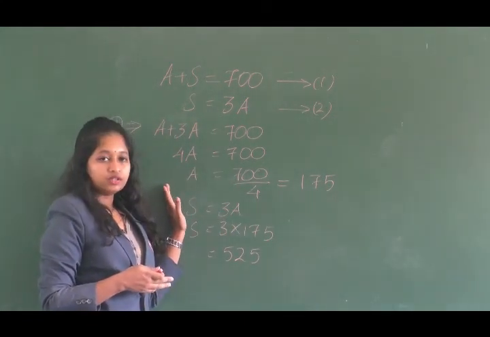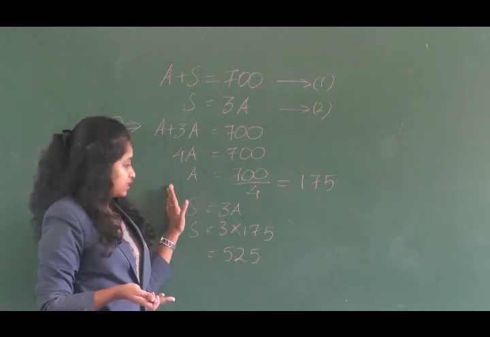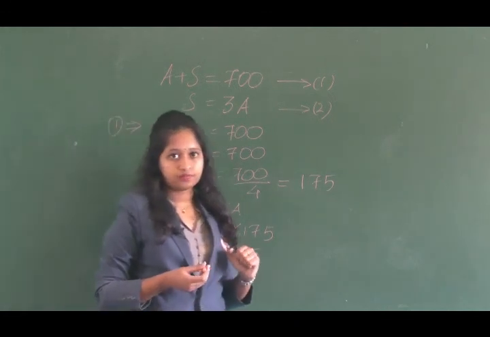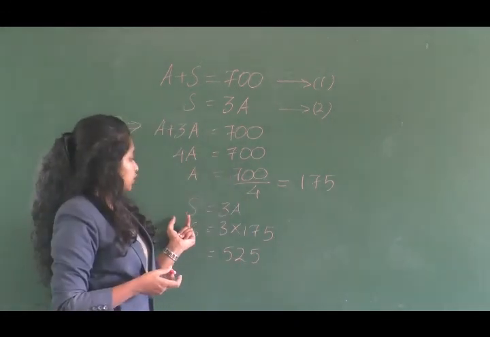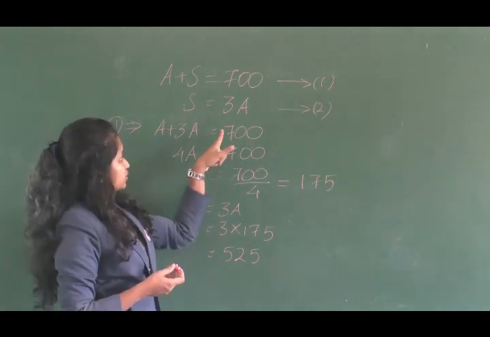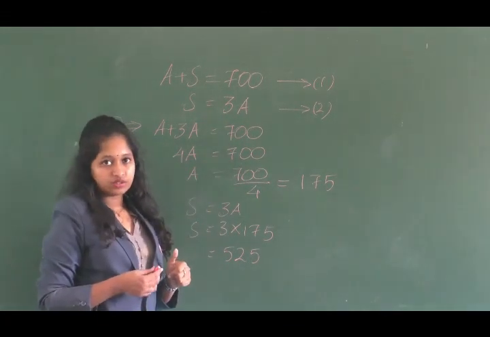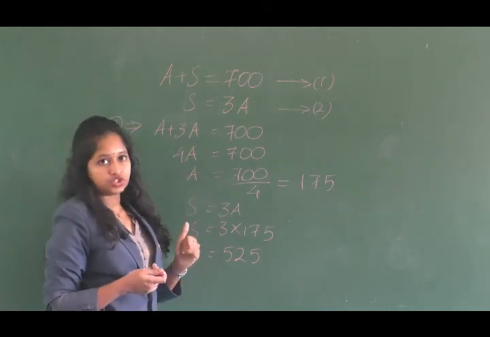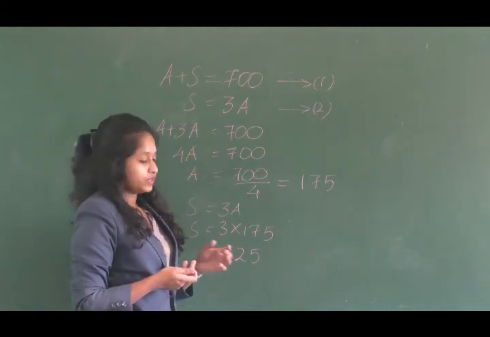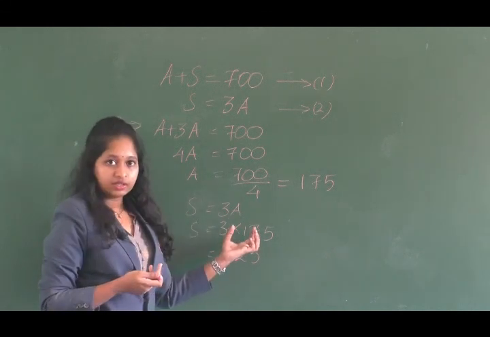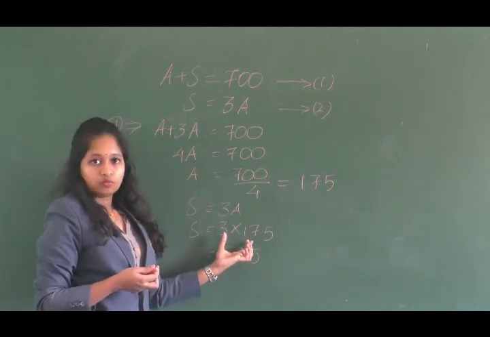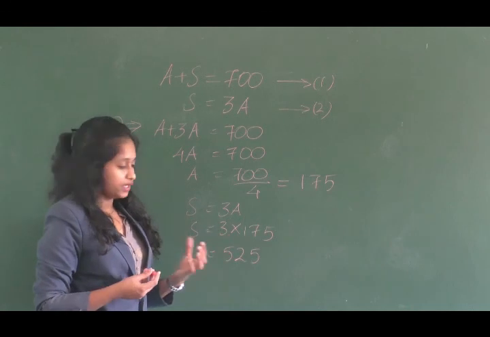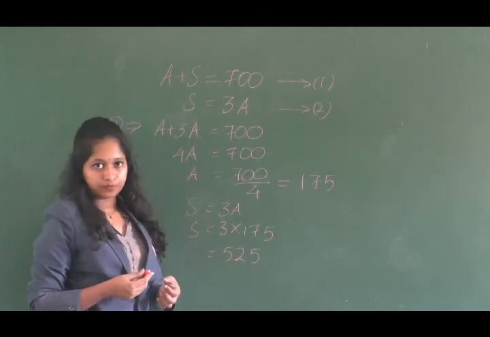And we have to find how much amount Suresh has. So s equal to 3a, which is our second equation. Substitute the value of a in the second equation. We already know that s equal to 3a, a is 175, so substitute that, 3 into 175.